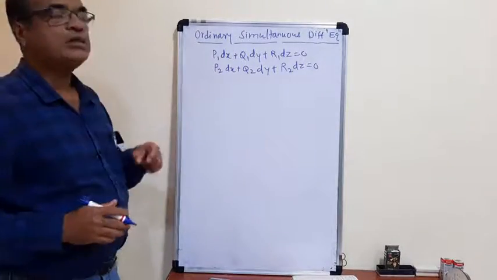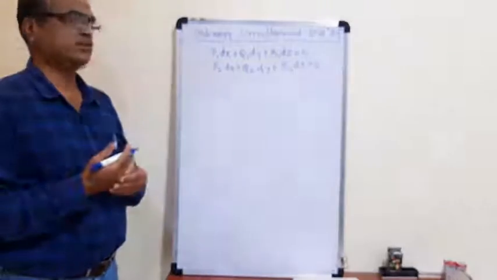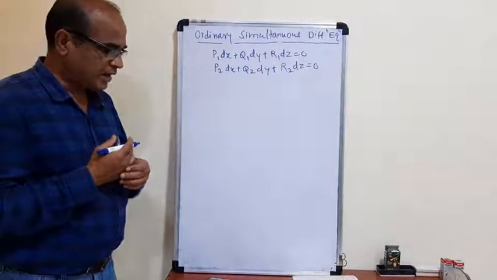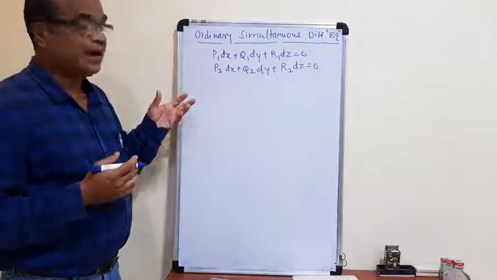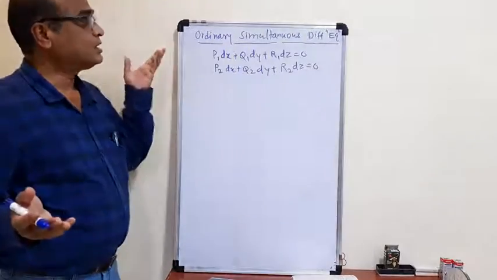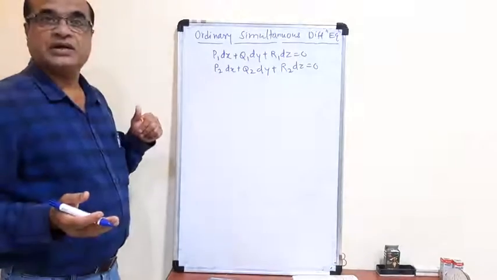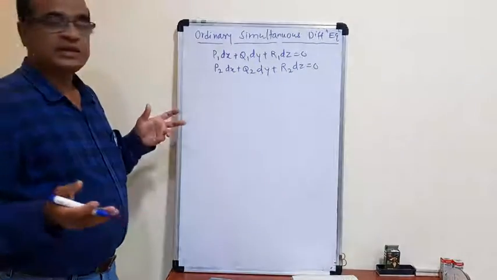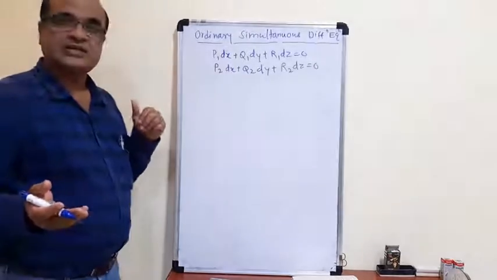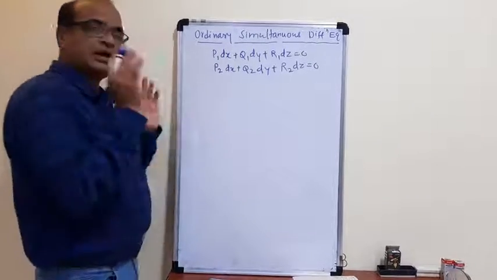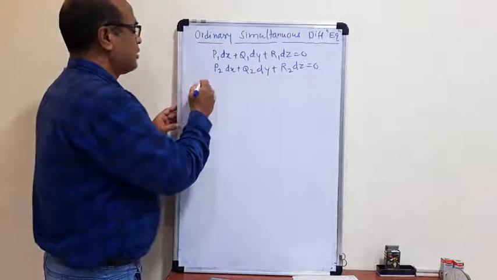If we solve those simultaneous equations by using Cramer's rule, then we get the ordinary simultaneous differential equations. We solve both equations simultaneously for dx, dy and dz.